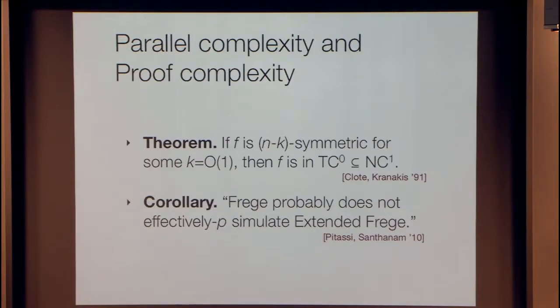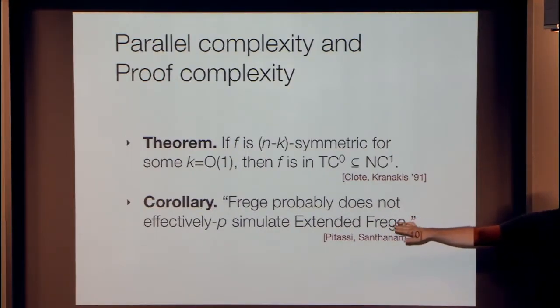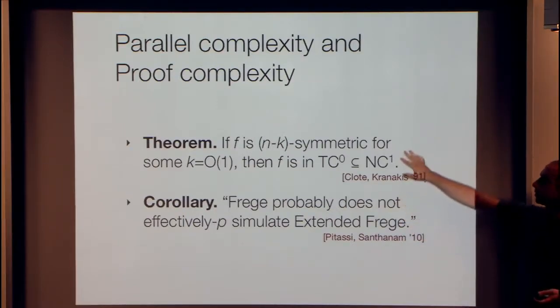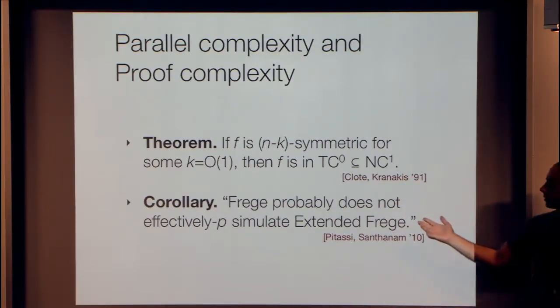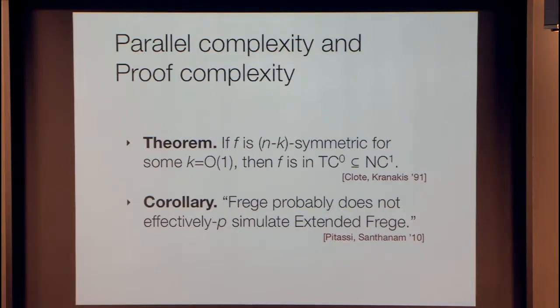They had this conjecture that maybe it has nice results, like that Frege could simulate extended Frege under this new system that they introduced. But using this theorem, they could show limitations on the simulation model that show that probably this conjecture they were hoping for is false. So again, it's exactly partially symmetric functions that show up in this setting as well.